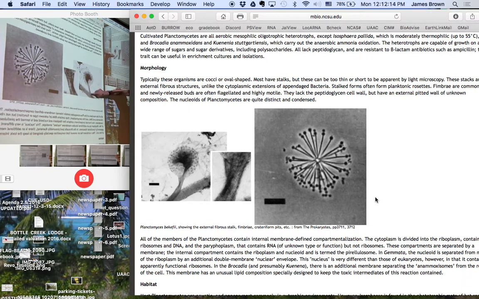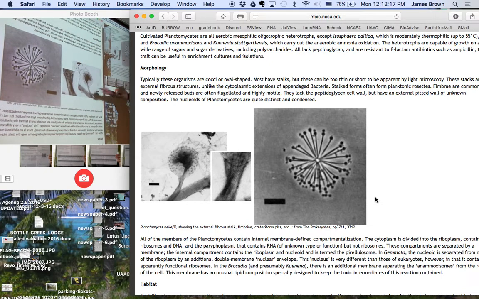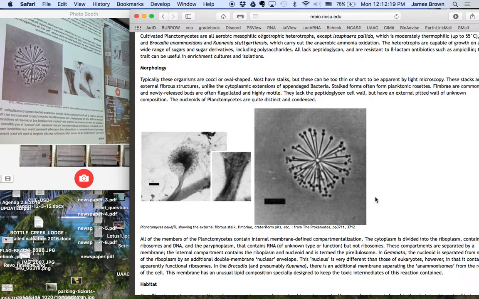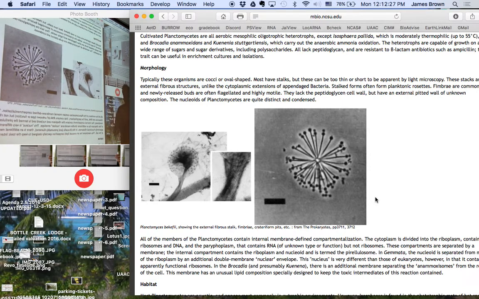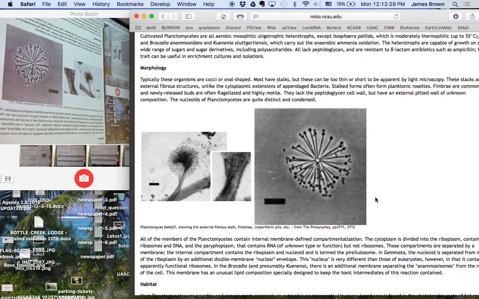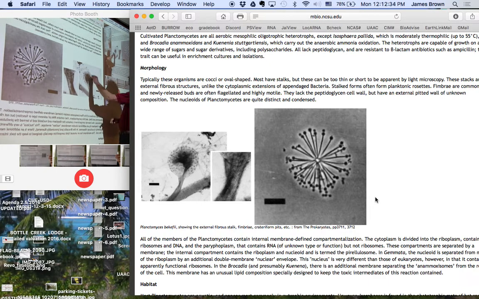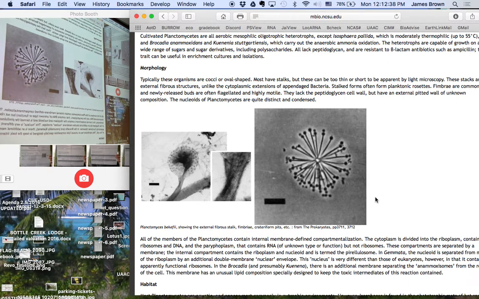So notice this stalk. This stalk, unlike other stalks in bacteria, is not a cytoplasmic extension with cell membrane around it. This is an external stalk. This is a bunch of fimbriae all bundled together to form an external stalk. The cell is covered by essentially plates.